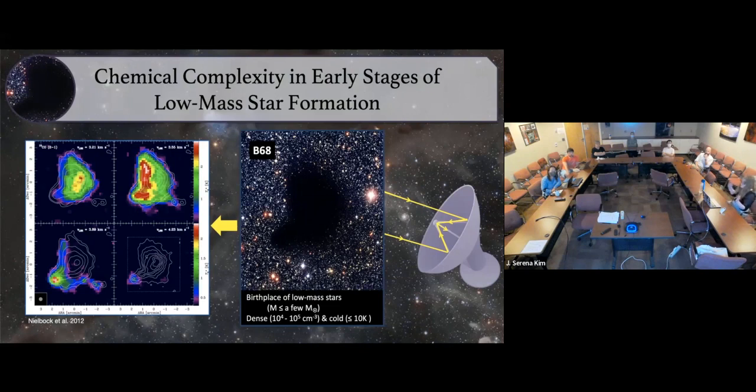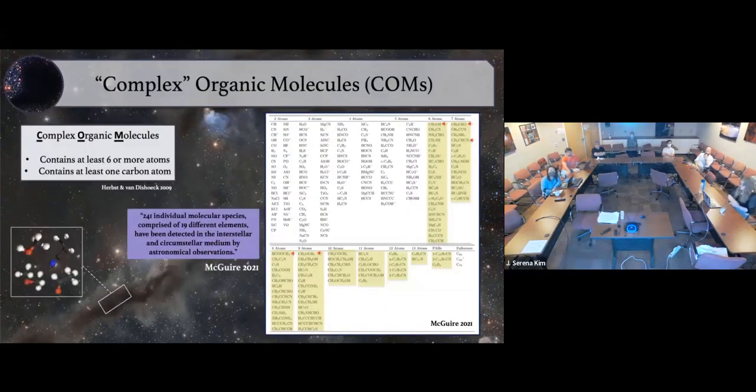Now, there are a lot more molecules in space that we have discovered since CO. In fact, there are over 240 molecules that have been detected, most of them by radio telescopes. This is a table showing those. The type of molecules that I'm particularly interested in looking for in these starless cores are called complex organic molecules.